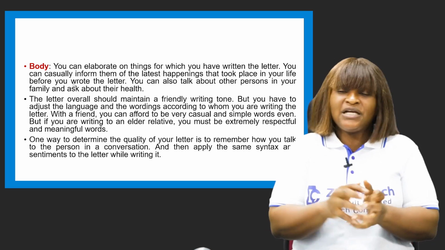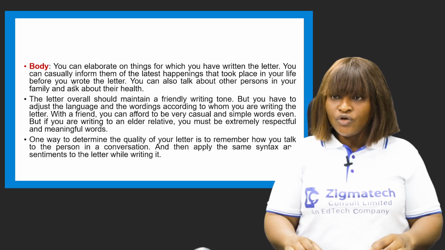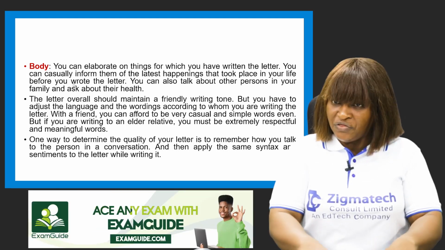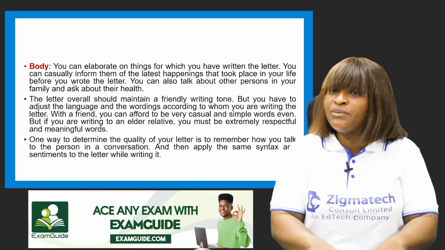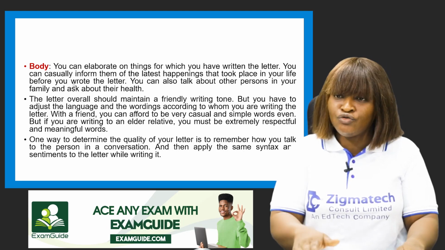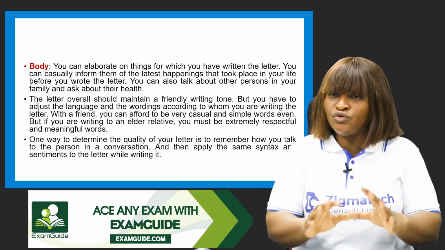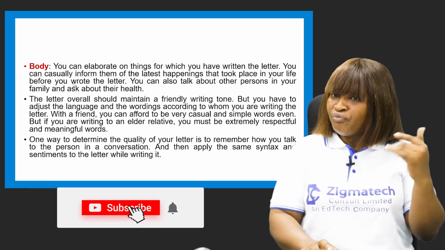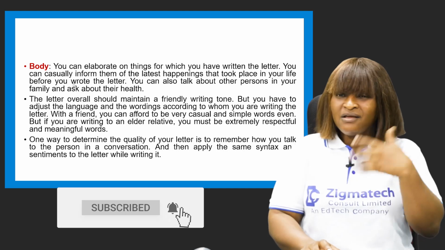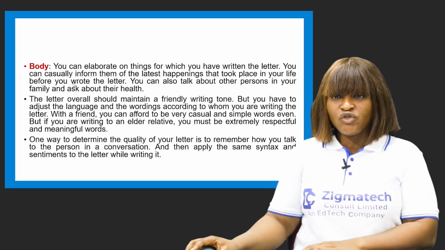You will not begin to write on what happened in your school before you came back. No, you tell the person the 3 things you intend to do to keep yourself busy. So even if you want to travel to London or UK, wherever, you tell the person what you intend to do. These are things you're talking about, not to bring in any material that is not relevant to the topic you've been given to write on.